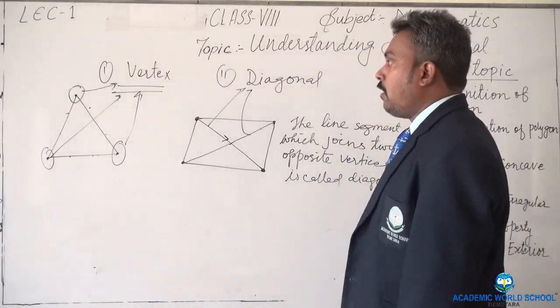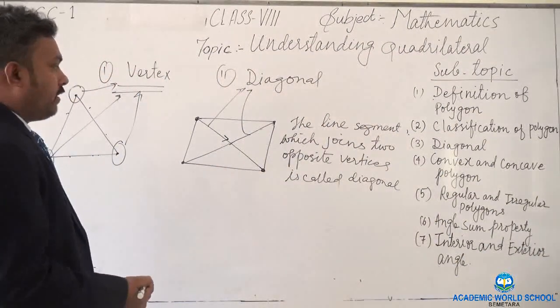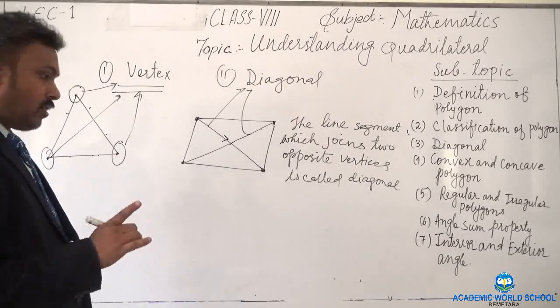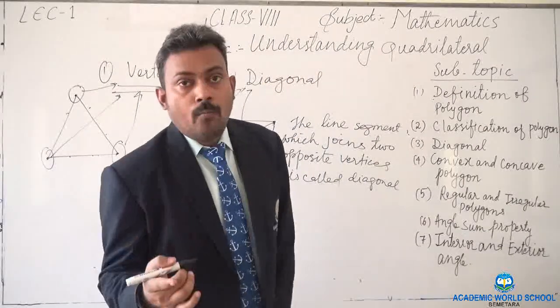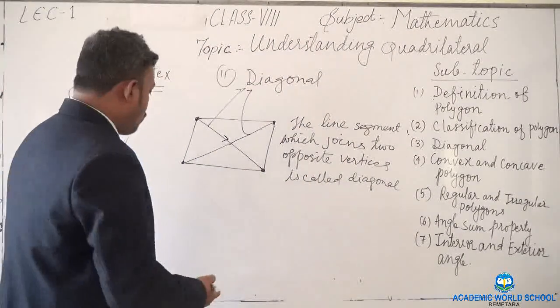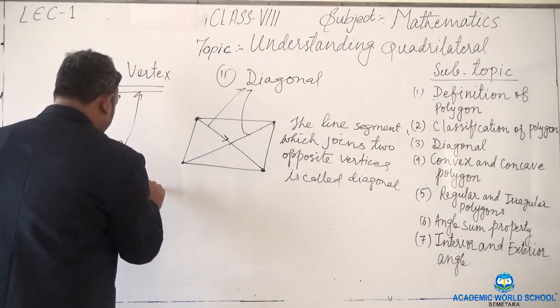Now we are going to find the number of diagonals in a polygon. In a polygon, how many diagonals are possible? There is a formula here to calculate that.